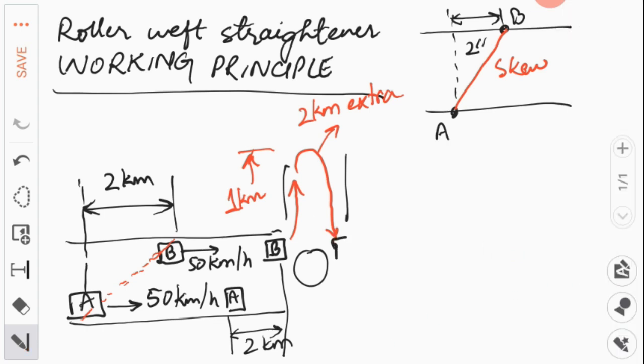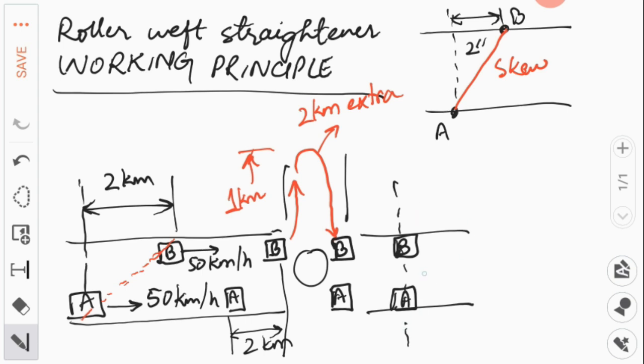Now, of course, when car B reaches back to this roundabout, car A will already be here, just because car A was 2 kilometers behind car B, but car B traveled an extra 2 kilometers. So when these two cars reach the exit of the roundabout, they will be at the same position. And from this point onwards, the two cars will be at the same position on the road.